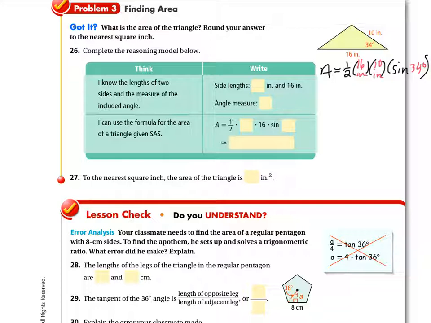And you should get A is approximately equal to 44.7354, and it keeps going. And they want you to go to the nearest square inch, which is here. So with the 7 next door, do we keep it 44 or round it up? So we round up again. So it's 45 square inches.